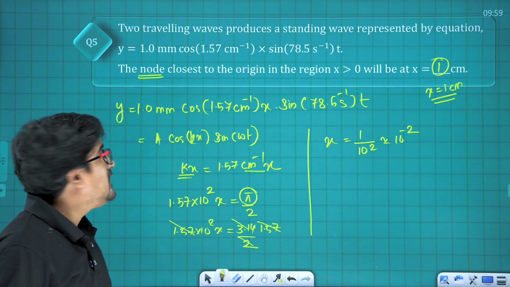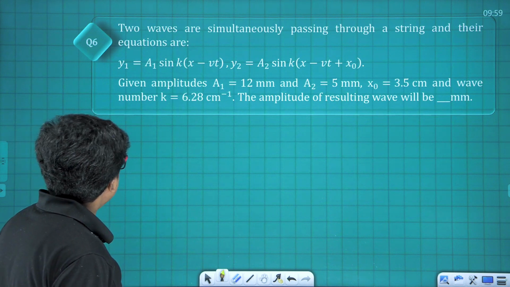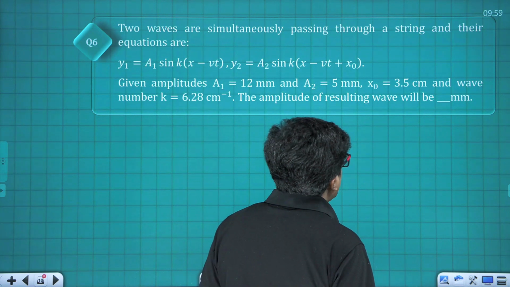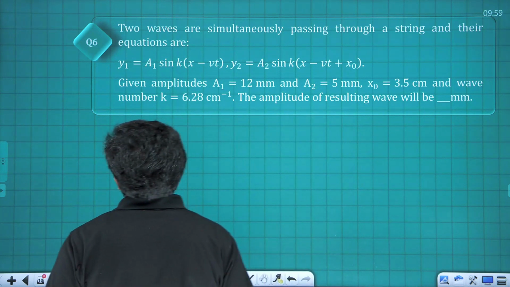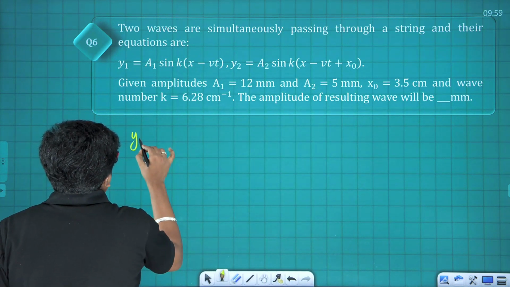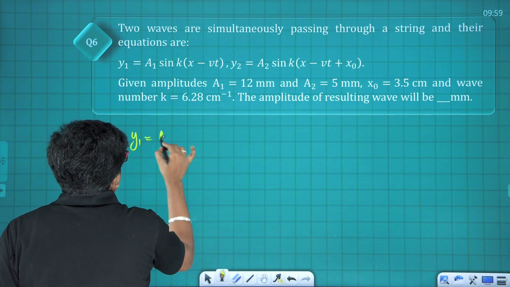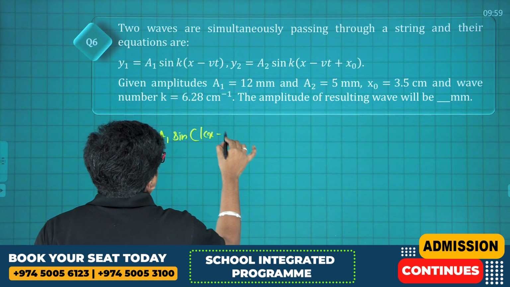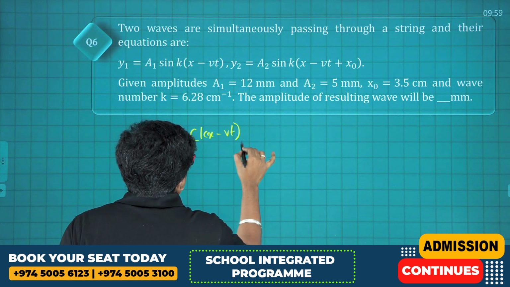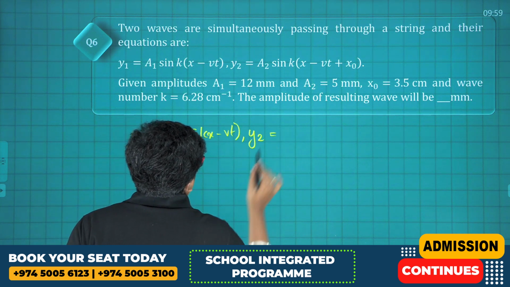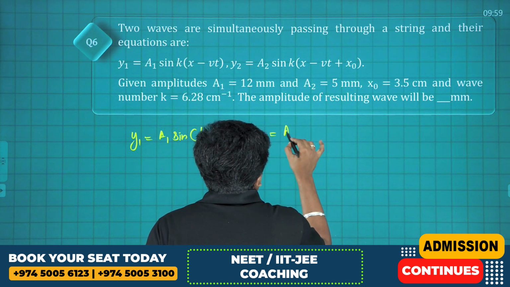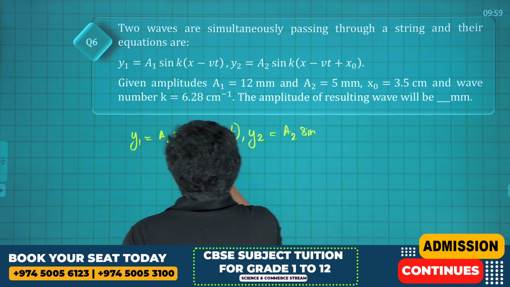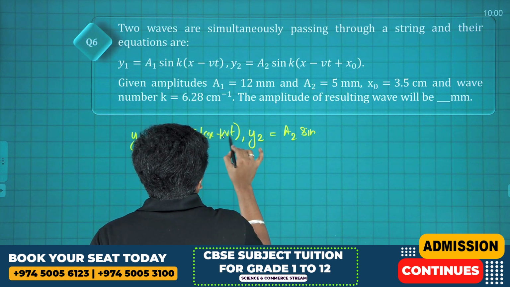Alright, fine. Moving to the next, that is question number 6. Question number 6 says two waves are simultaneously passing through a string and their equations are given as y1 equals a1 into sine of kx minus vt, and y2 is a2 into sine of, k is common for all, no?